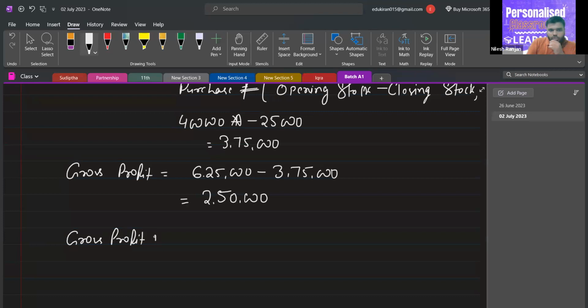So you know the formula of gross profit ratio. It is gross profit divided by net sales. 2,50,000 divided by net sales, that is 6,25,000, into 100.